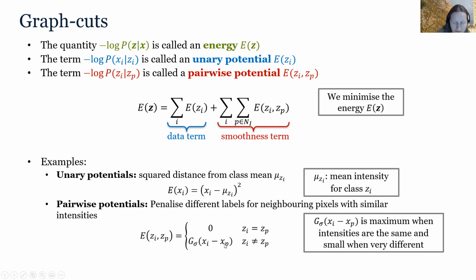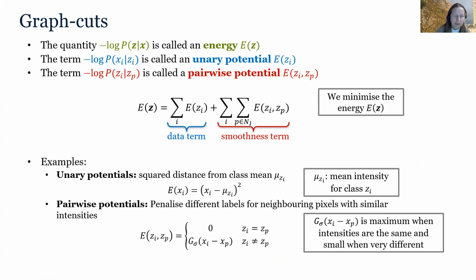If the intensities are exactly the same, then we get the highest penalty, because it's the same intensities but different labels. We don't like that, so the penalty is high. If the intensity difference is very large, then the penalty will be small. So if we want to minimize this energy, then we want to put an edge in the segmentation where there is a big intensity difference. Basically, that's what this term will result in.